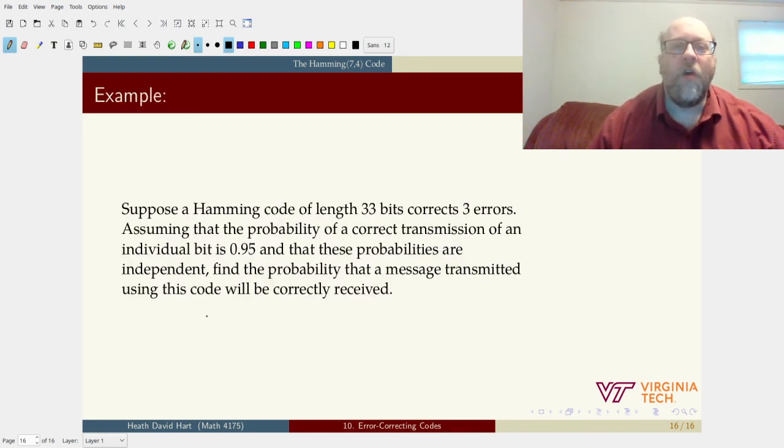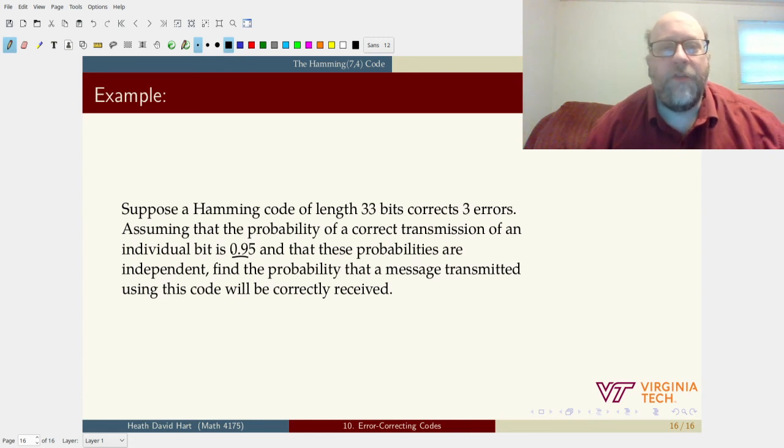Is there a way of deciding how much error correction you need? Well, if you know how noisy your channel is, if you know what the error rate is, there's a way to do this. So let's look at this example. Say we have a Hamming code that produces output of 33 bits, but it corrects 3 errors in every block. Okay?